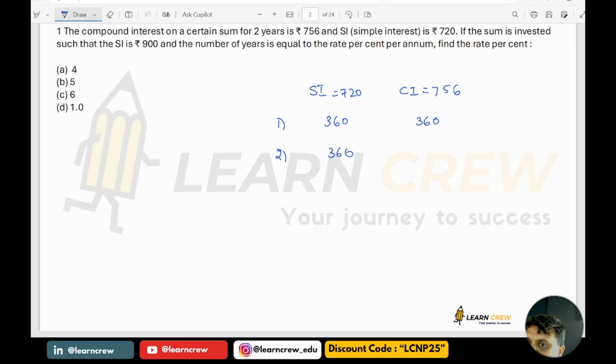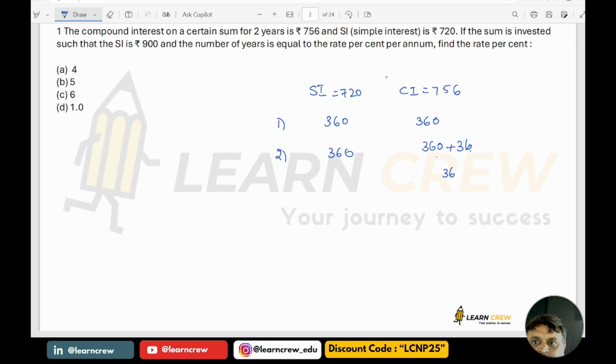So the total compound interest for 2 years is 756. So on 360 there is 36 more, 396. This interest on interest is compound interest. Thereby this 36 is what? This 36 is the interest amount.